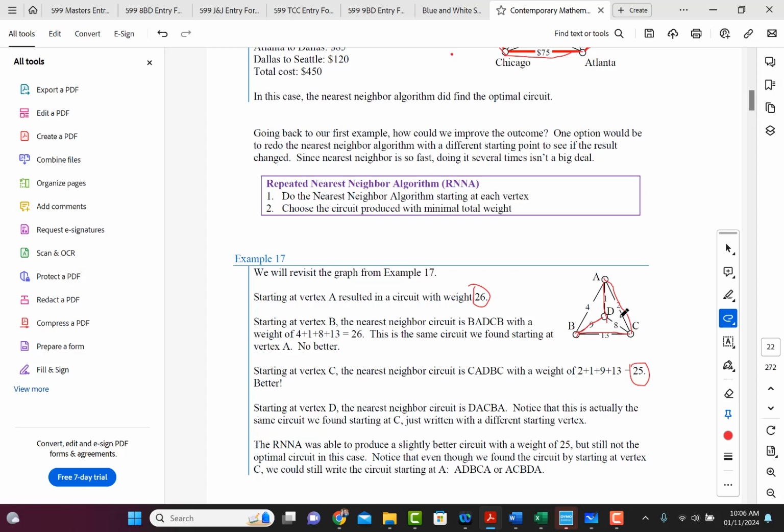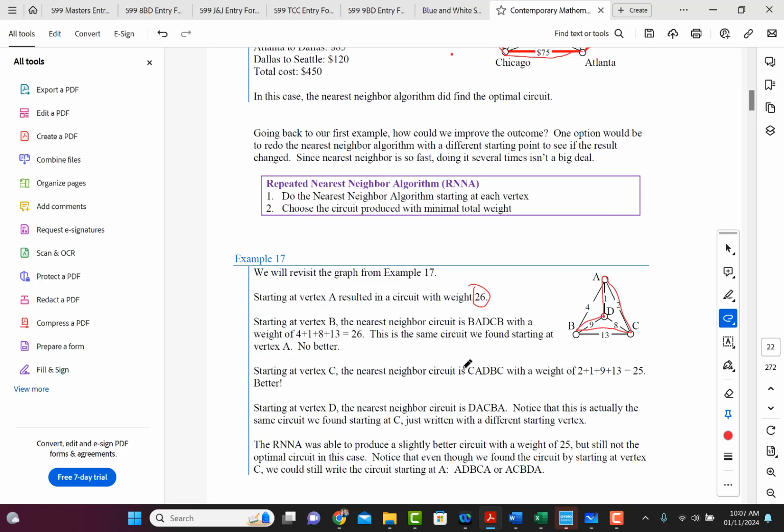Now, let's start with D. If we start with D, then we would go to A, right? And then the next cheapest would be C. Now at C, we don't want to go back to D, so we have to go to B. And then at this point, we go back to D. But notice that this is actually the same circuit that we got from starting with C. We just started with a different vertex, right?